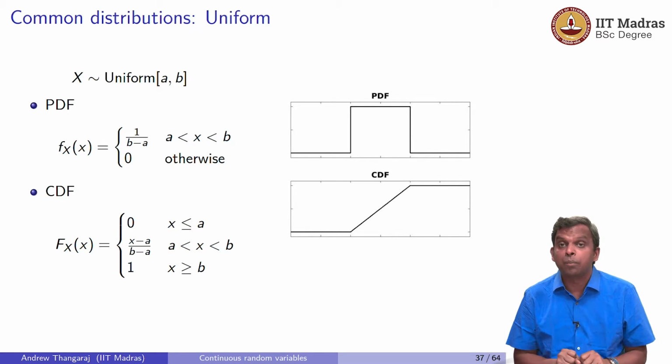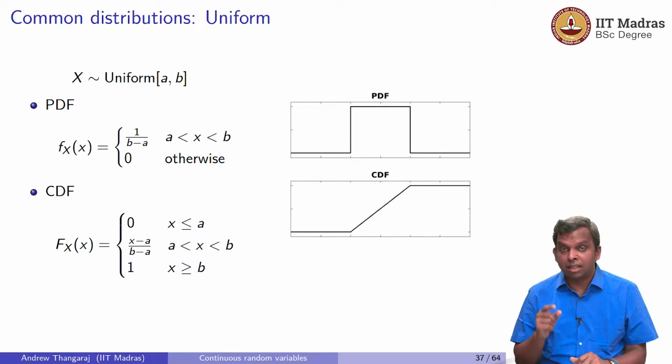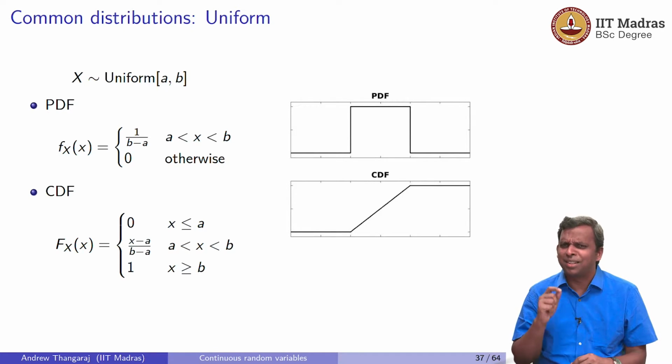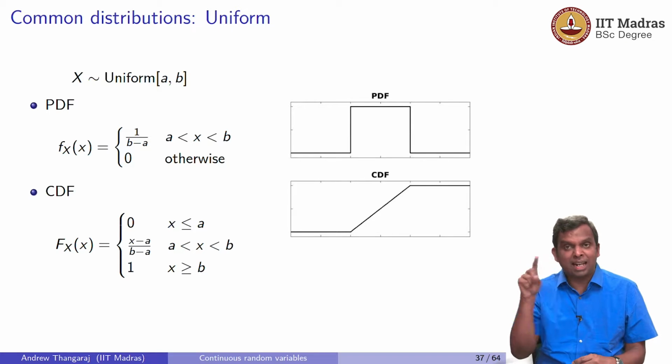That is an indication that it is a continuous random variable and it's continuous between a and b. A random variable that's continuous between a and b and uniform between a and b basically has a flat PDF in that range from a to b. The PDF is flat.